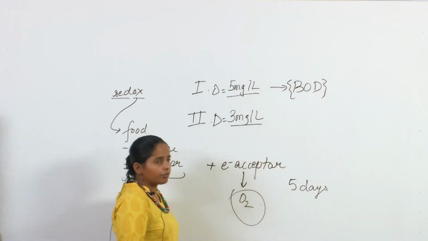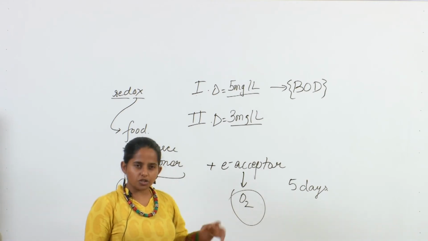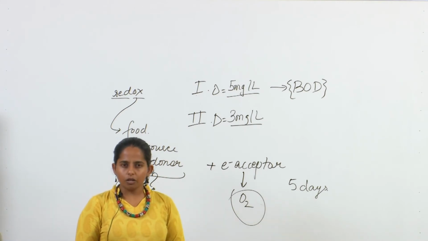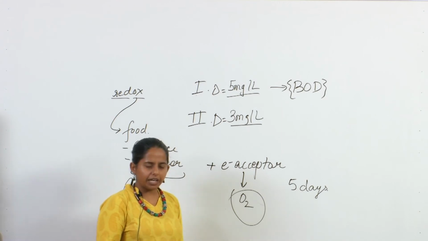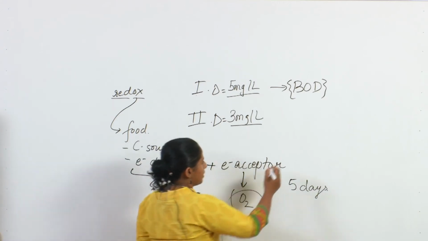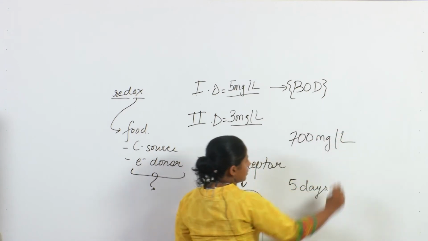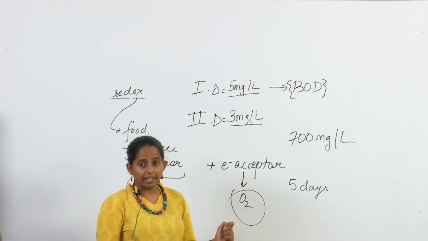Alrighty, so in surface water, this is one of the most important parameters that we love to measure, because just by looking at BOD, we sort of know how fast microbes will grow. Let's say in the beginning I don't have any microbes present in the water, but I have a very high BOD loading. Let's say I have 700 milligram per liter, which is pretty high. So I have 700 milligram per liter of BOD, and there are no microbes.